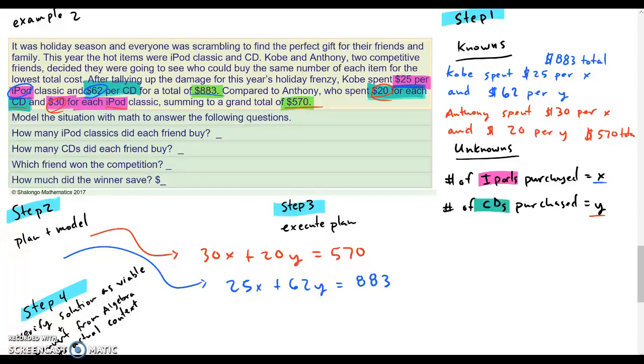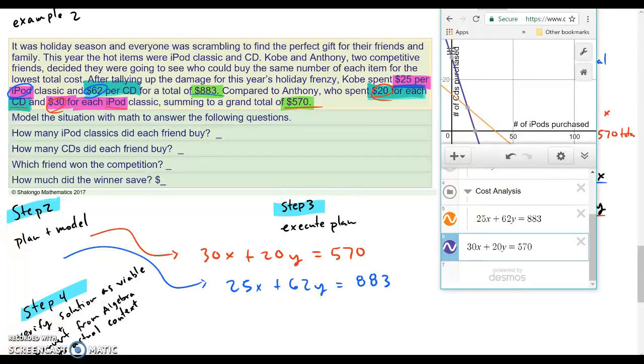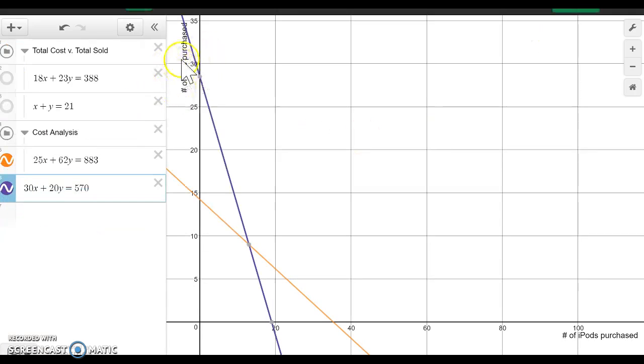So let's go ahead and put that in the graphing calculator. And then you can see I've transferred them in, right? We've got Kobe's equation right here in orange, and we've got Anthony's equation right here in purple. And we're looking to see, okay, how many CDs and how many iPods did they both buy? Looks like they bought 13 iPods and 9 CDs.